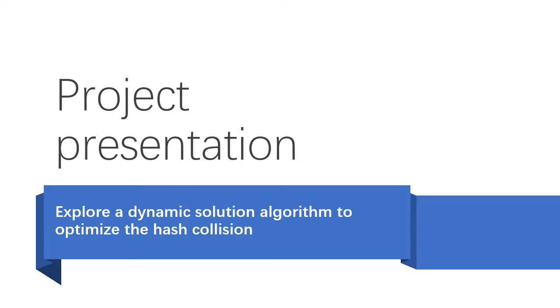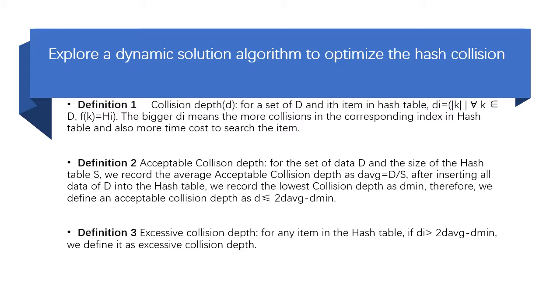So let's talk about some definitions about the algorithm. Definition one is about the collision depth. For a set of data D and the i-th item in the hash table, Di is the cardinality where for all keys belonging to D, the map function F(k) is equal to Hi, which means they map to the same position in the hash table.